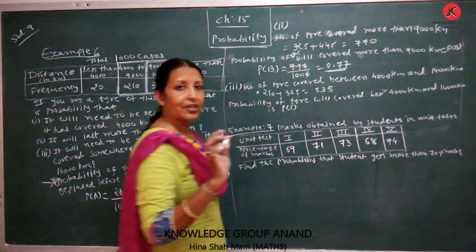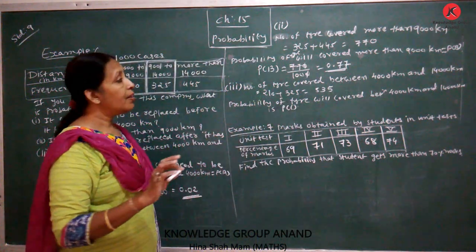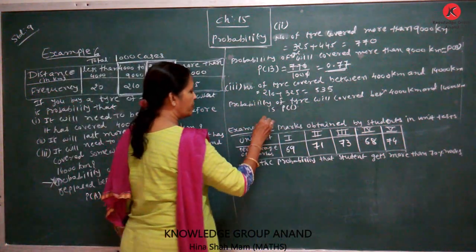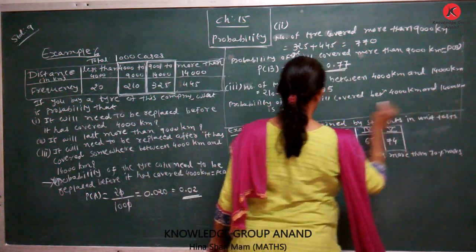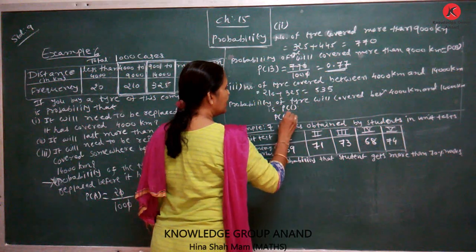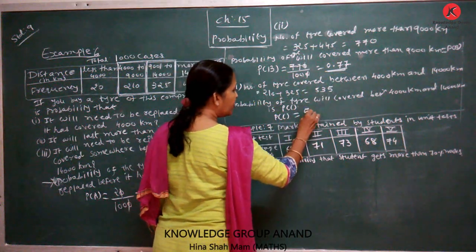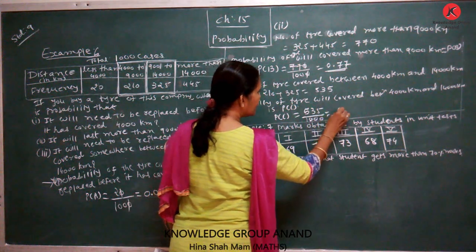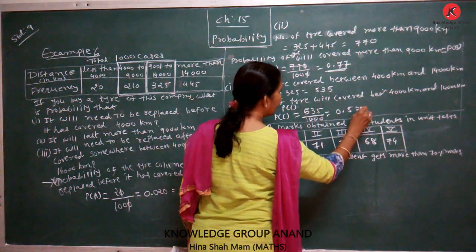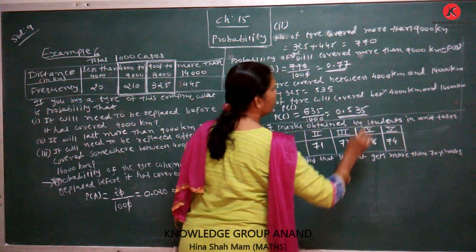What is the event? It is event C. P(C) is equal to 535 upon 1000, which is equal to 0.535.